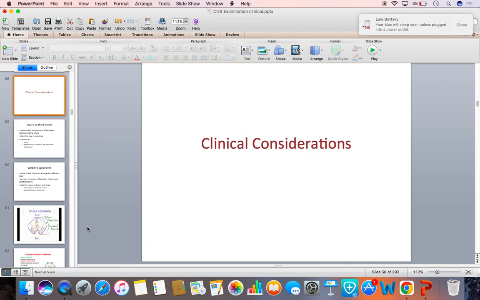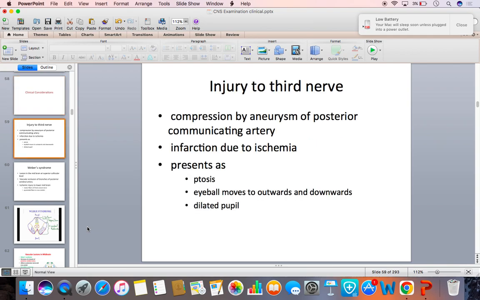How is the third nerve affected? The injury to the third nerve could be due to infarction due to ischemia, involving the vascular supply from the branches of the basilar artery, as I mentioned earlier, or compression by an aneurysm of the posterior communicating artery.